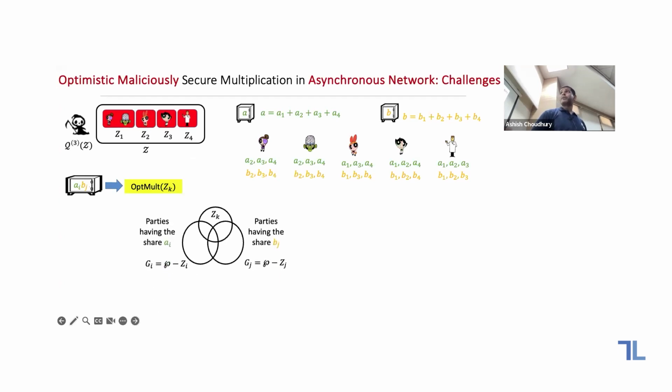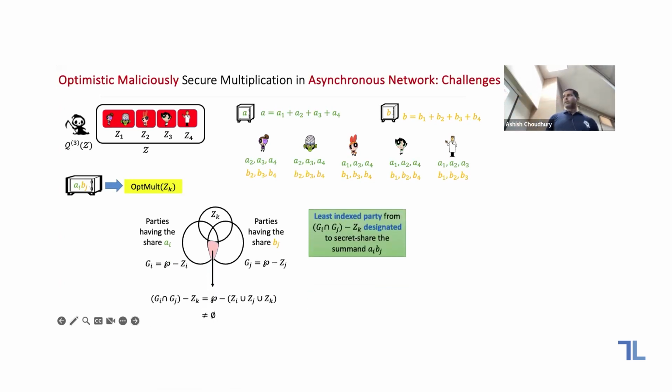So let us take the optimistic multiplication protocol. What we did in the optimistic multiplication, if we take the kth instance, is that we didn't let the parties in the set Zk secret share any of the summations ai times bj. And we designated the least indexed party in this leftover subset to secret share its version of ai times bj.